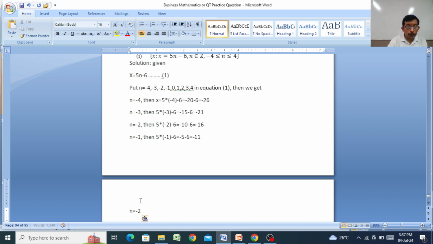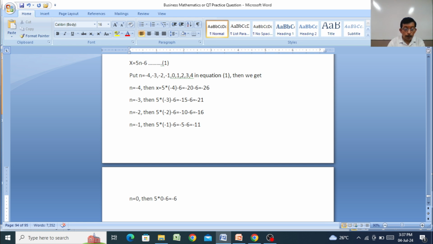Now n is equal to 0, then 5 into 0 minus 6 is equal to -6.